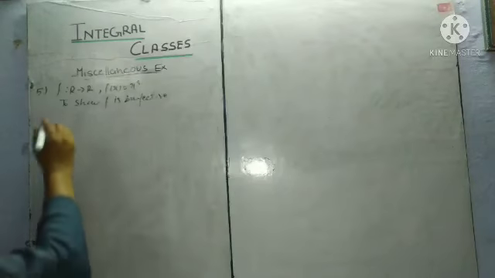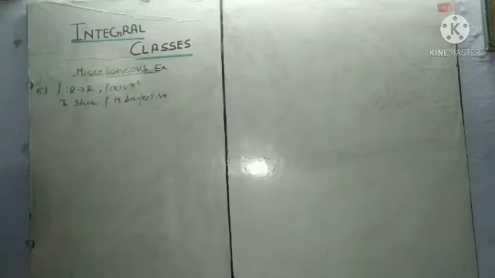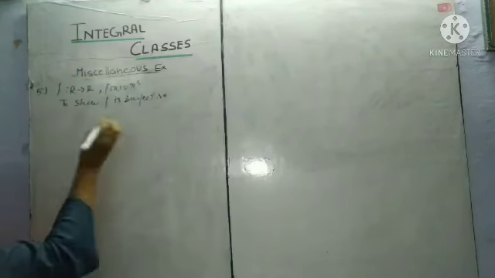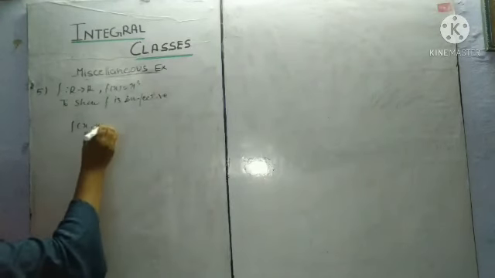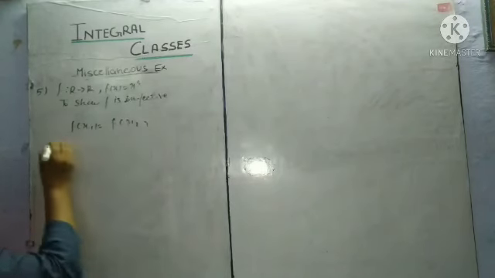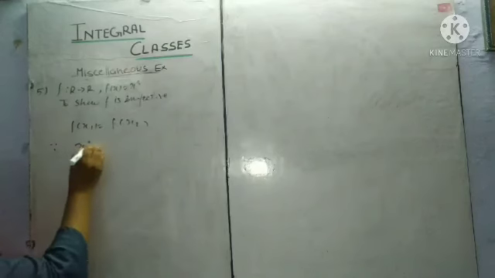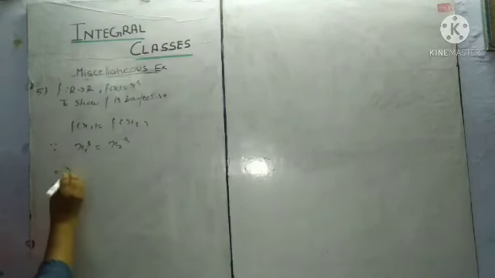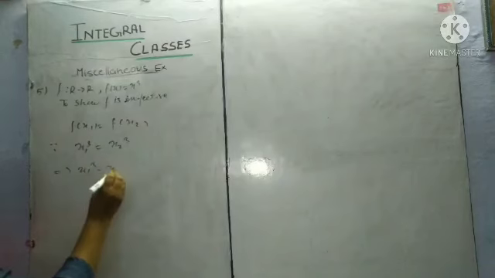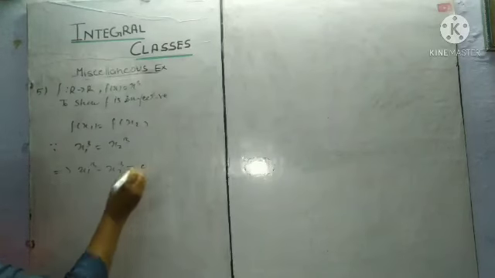Question number 5. f: R to R, f(x) = x cube, show f is injective. For injective, we will show f(x1) = f(x2). Therefore x1 cube = x2 cube. So x1 cube - x2 cube = 0.